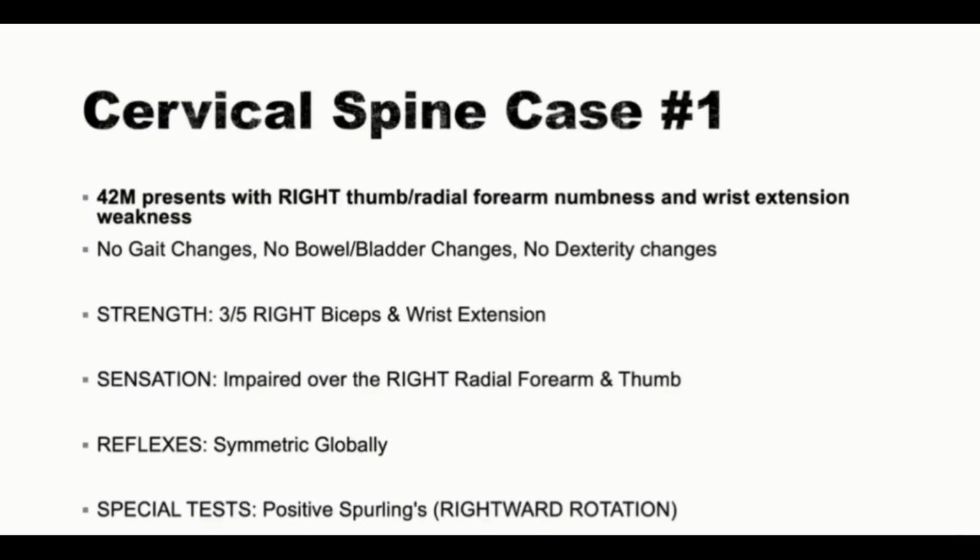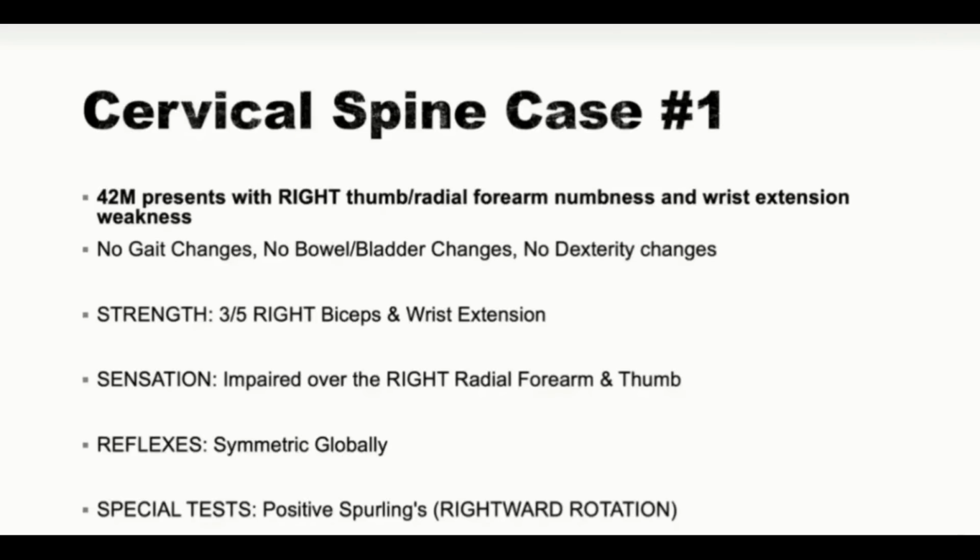So 3 out of 5. And I think that this was a big part of Dr. Jackson's videos as well, but grading strength: 5 out of 5 being normal, hard to break with resistance, depending on who the patient is that you're testing. 4 out of 5, the patient can move the joint against gravity and some resistance. 3 out of 5, the patient is able to move or elevate the joint against gravity, not with any added resistance from the examiner. 2 out of 5 means that they're not anti-gravity.